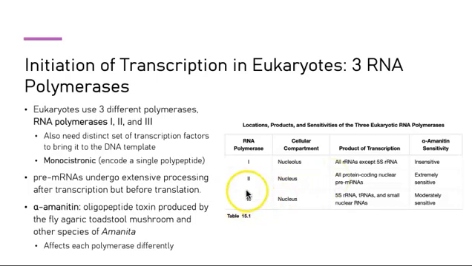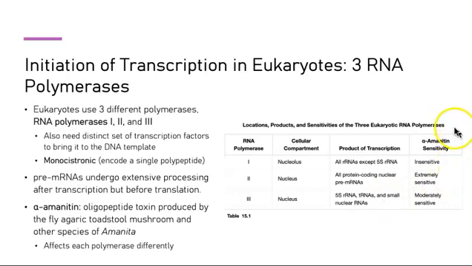Then we've got our third type, which is also found within the nucleus, and this is going to transcribe a variety of structural RNAs. So a lot of our pre-rRNA, our transfer pre-RNAs, and our small nuclear pre-RNAs. We're going to define all of these structures in one of the last sections in this chapter.